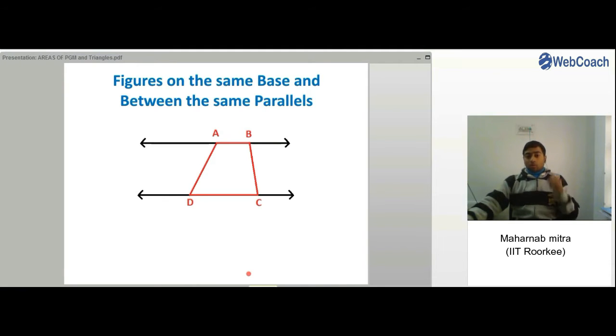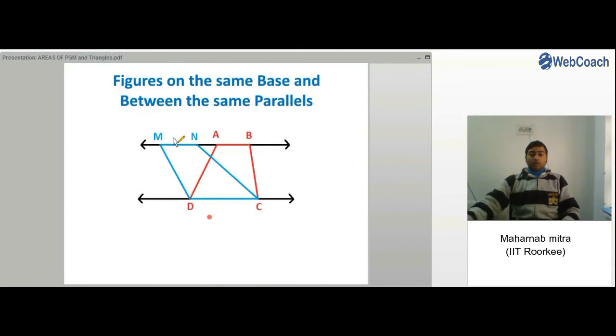Now let us consider one more quadrilateral. Let us consider MNCD, the blue one. You can see this blue figure is on the same base DC, and also the blue and the red figures, both of them lie between the same parallel lines, or between the same parallels, right?